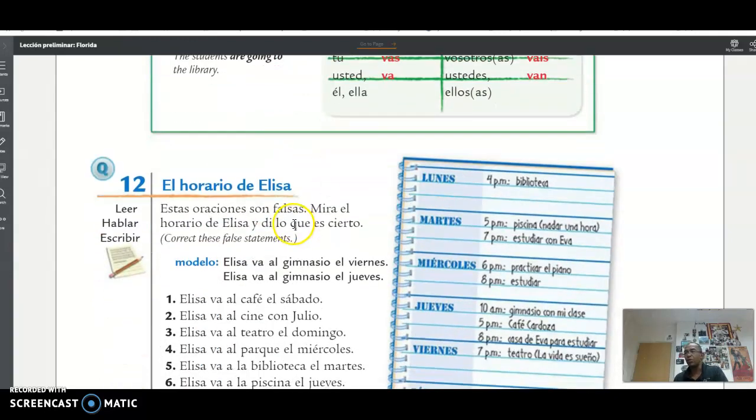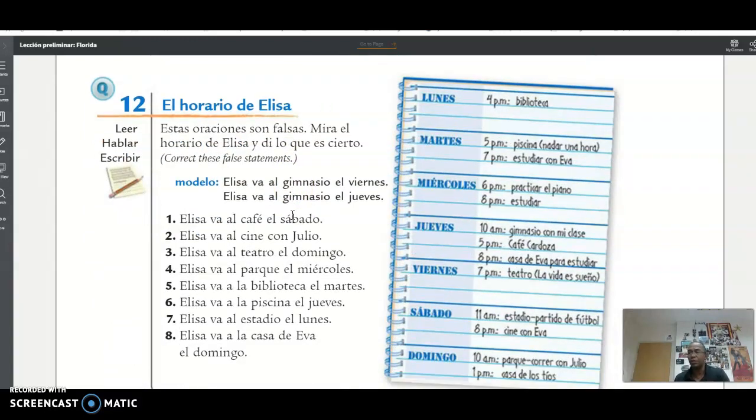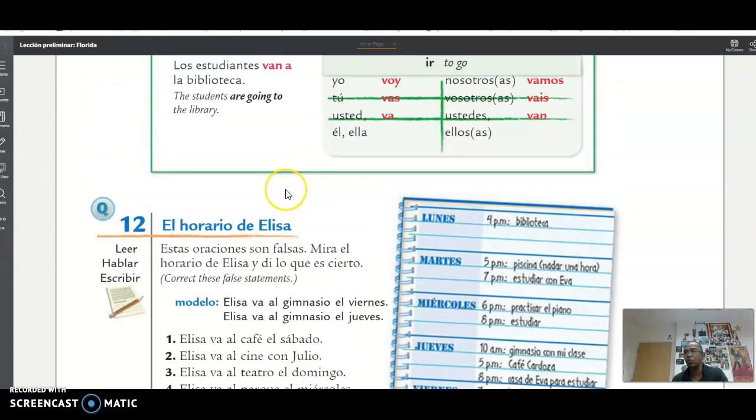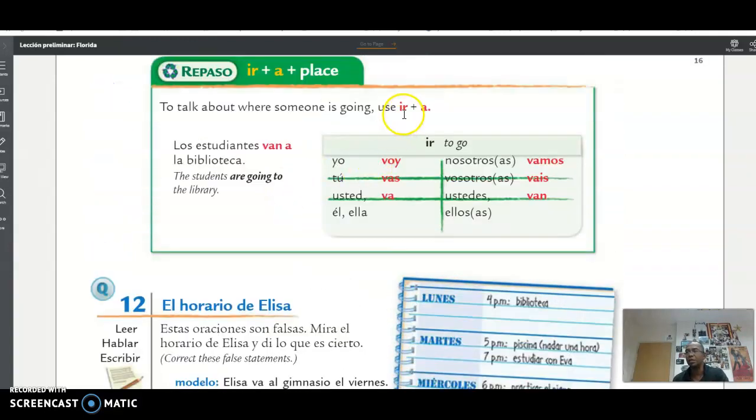Okay, so now that we reviewed the verb to go, by the way, you do not say yo ir a. Okay, you will always have it like this. The only time that you have the verb ir in its infinitive form, its regular form, is when it's the second verb.